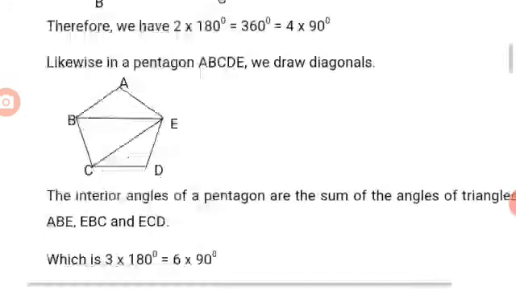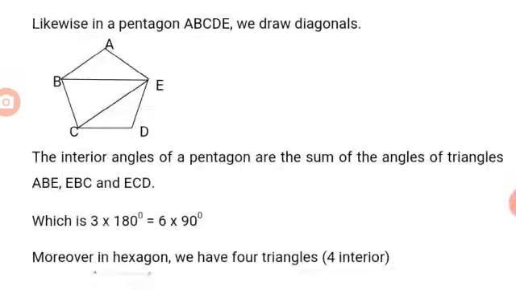Therefore, the interior angles of a pentagon are the sum of the angles of triangles ABE, EBC, and ECD.